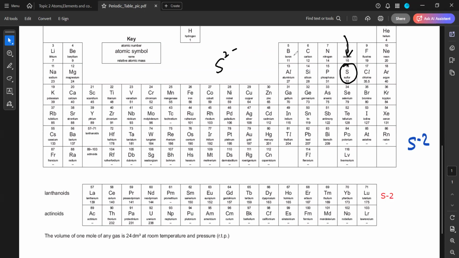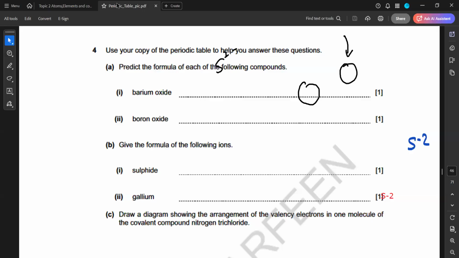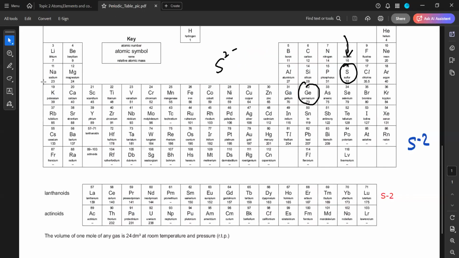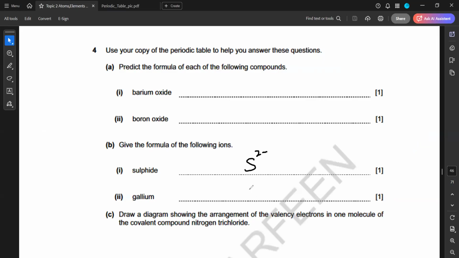And what about gallium? Gallium is group 3, so it will be 3 plus. So that is what you have to write: sulfur with a charge of 2 minus, gallium with a charge of 3 plus.